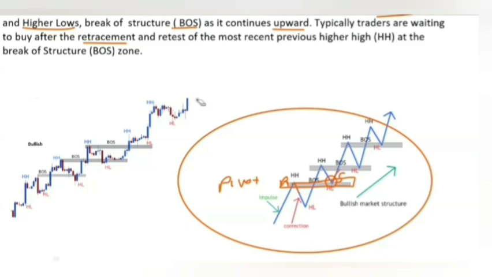So typically buyers are buying at a discount and at higher lows as they continue to the upside. Higher lows are usually retest zones as they continue to the upside. They buy from here and continue to the upside.